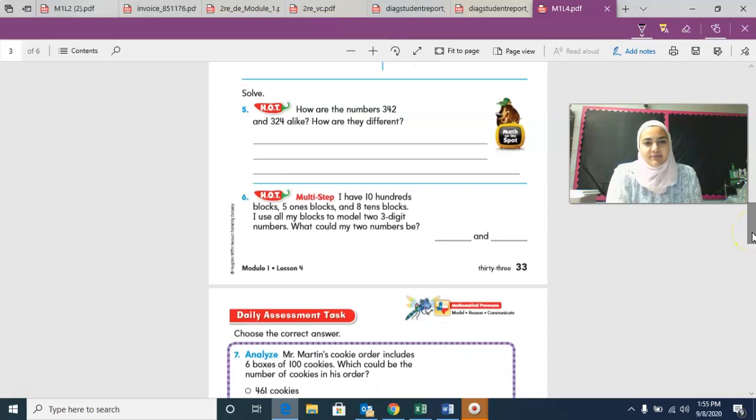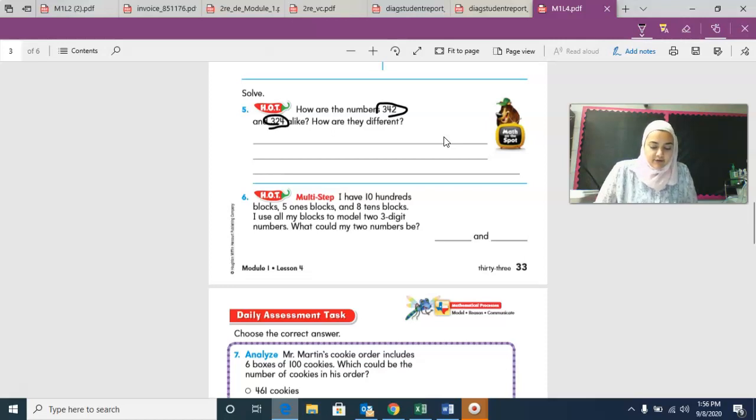Number 5 is pretty easy as well. How are the numbers 342 and 324 alike, and how are they different? For this question, you need to go ahead and draw your table: ones, tens, hundreds, okay? So we're going to draw two tables. You're going to draw it on your paper. I'm going to draw it on my board, and then I'll show you what I'm doing. All right? So we have ones, tens, hundreds.